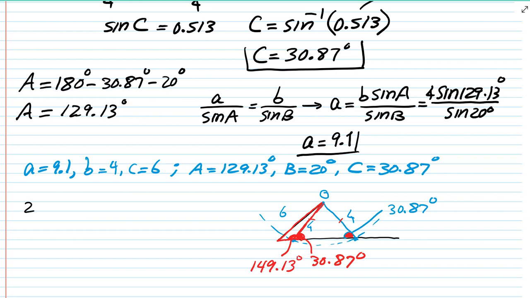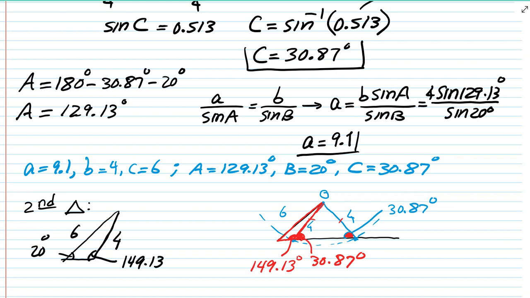The second triangle, call it, is going to be this one. Right in here, where this is A, which is not A, we labeled it as B, sorry. So that's 4, this is 6. This was 20 degrees, the measure of the supplementary angle, 149.13.